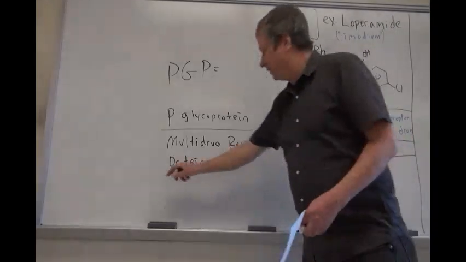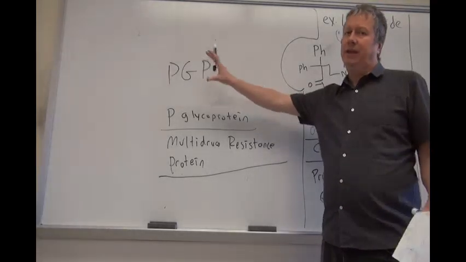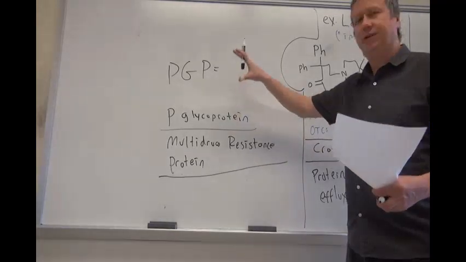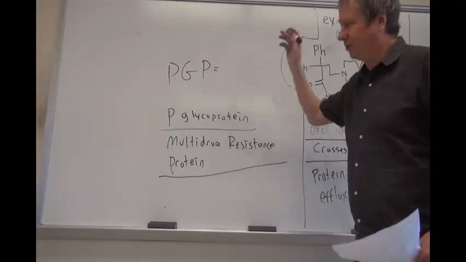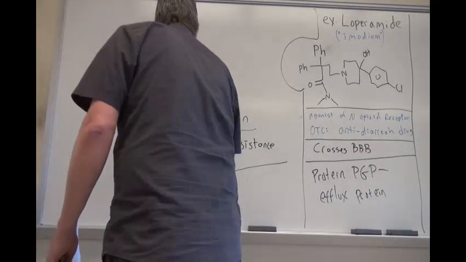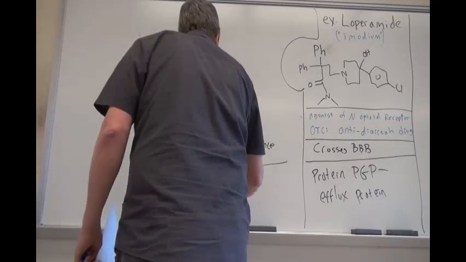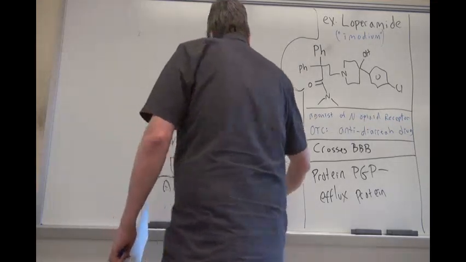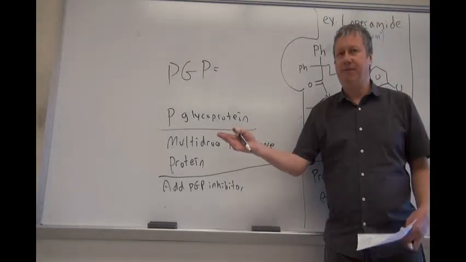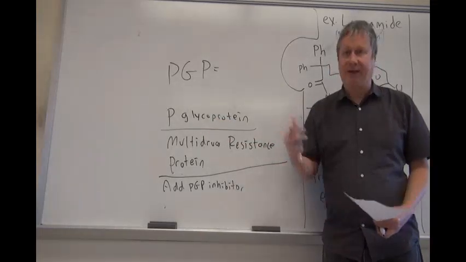And the other thing, what would happen if you add a PGP inhibitor? So if you add a PGP inhibitor, what would be the expected effect? If you prevent it from being effluxed, you might expect what kind of effect of loperamide?